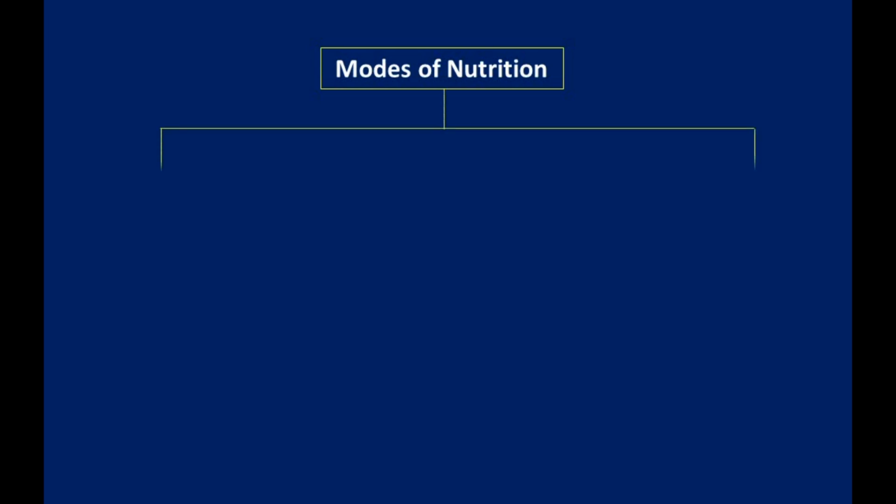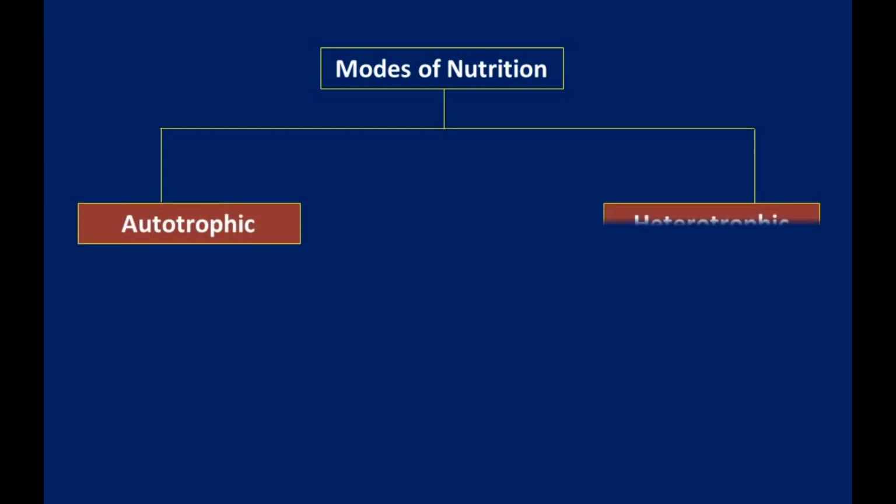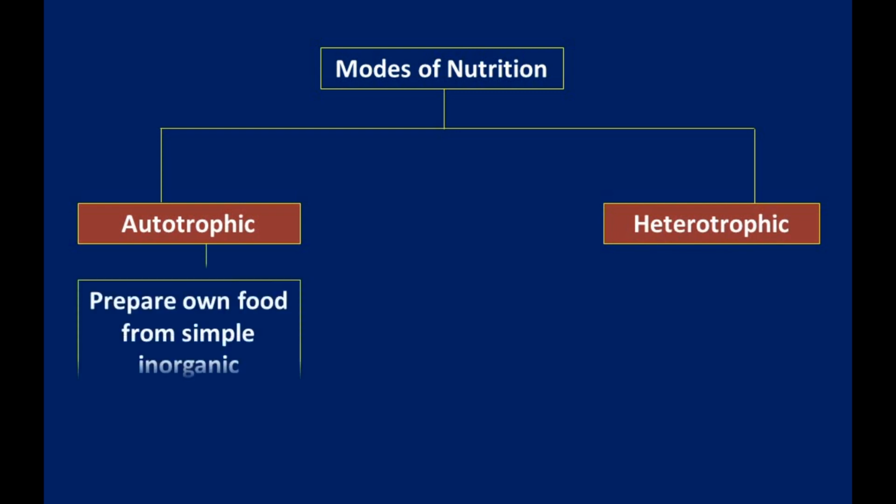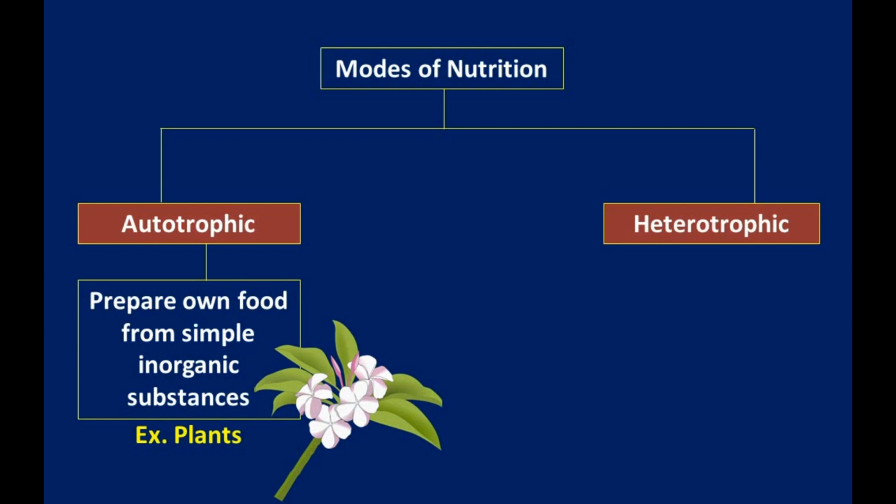So on the basis of mode of nutrition, autotrophic mode of nutrition and heterotrophic mode of nutrition. Autotrophic mode of nutrition means these organisms prepare their own food from simple inorganic substances. They make their own food. Examples are all green plants.